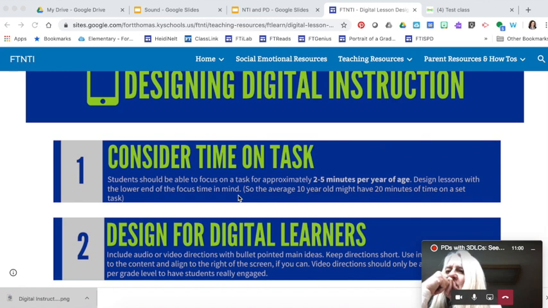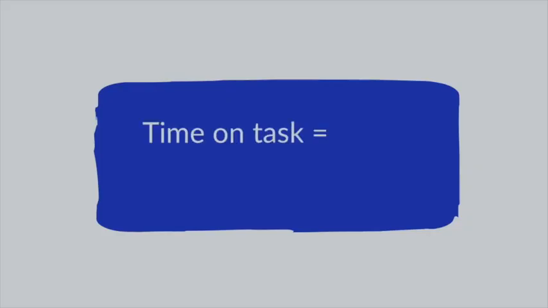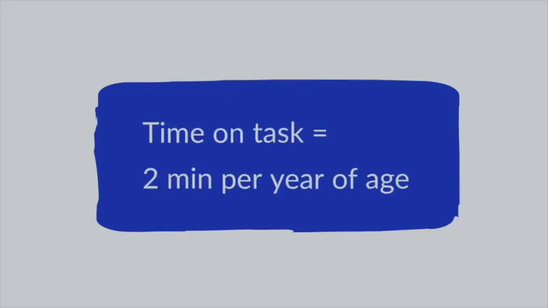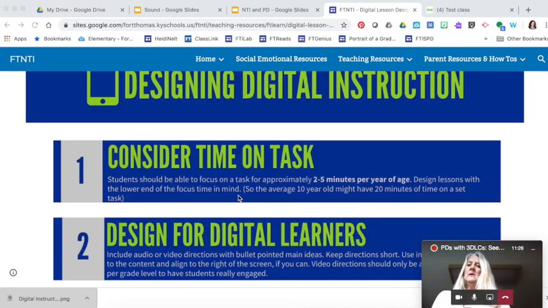You guys probably know that you switch your stuff up quickly at kindergarten level, right? But with NTI, it's probably even shorter. So I might go down to time on task of between 2 to 5 minutes, or right at 2 minutes, because kids just cannot right now stay on task.